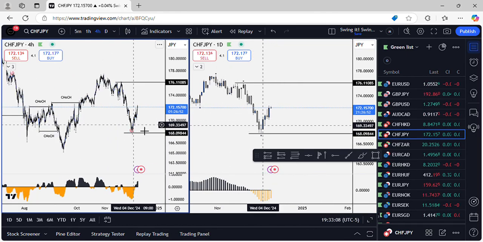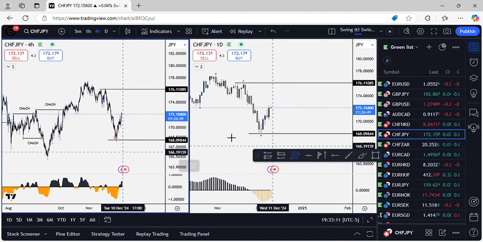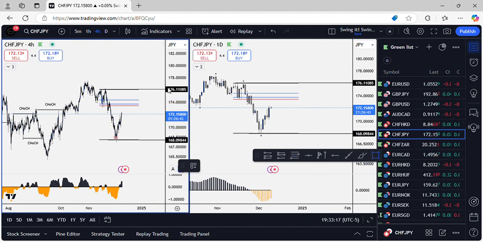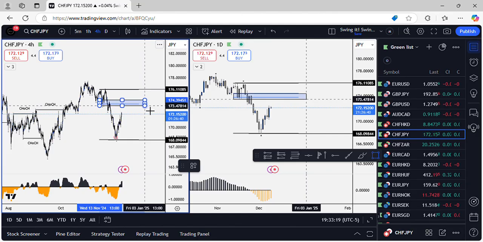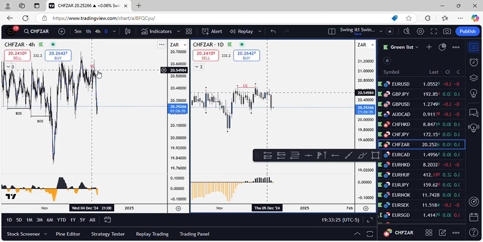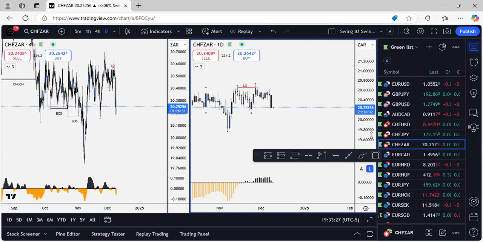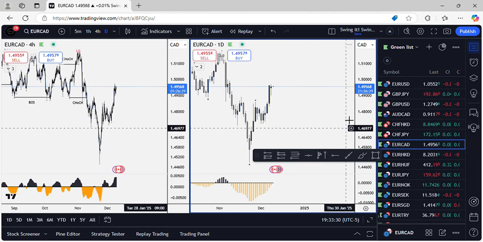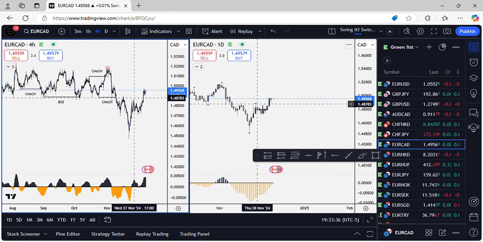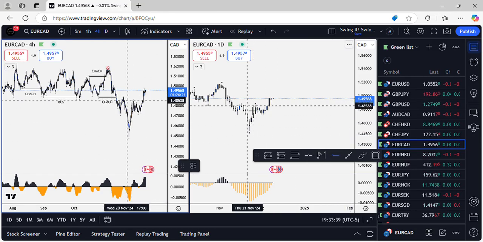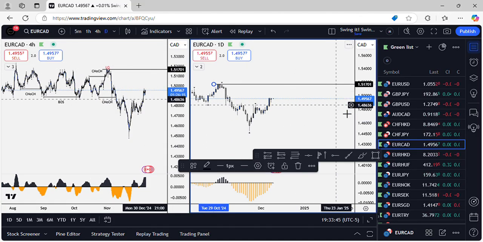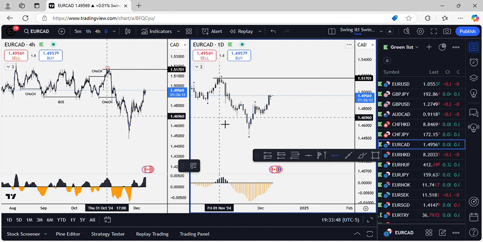Liquidity was taken, so I know it's going to push up some more. Liquidity was taken. I'm just going to go ahead and take this off the list. All right, perfect. This is pulling back. That was taken out, pushing higher.